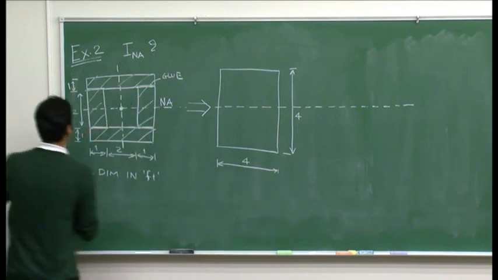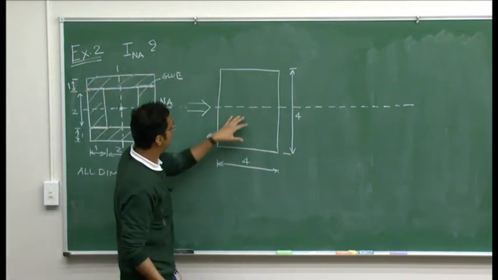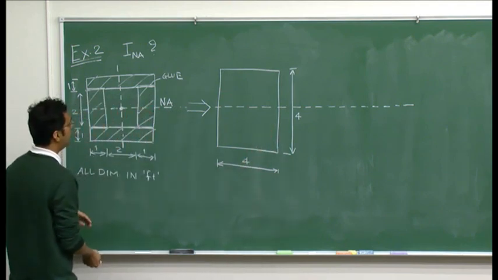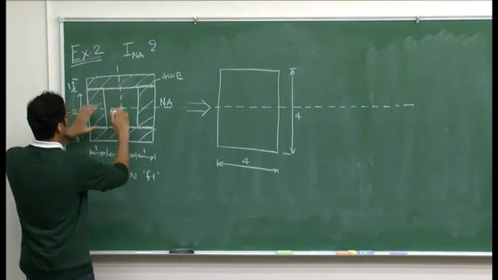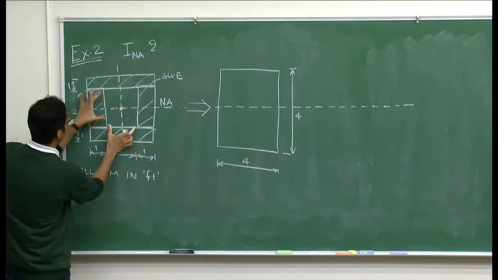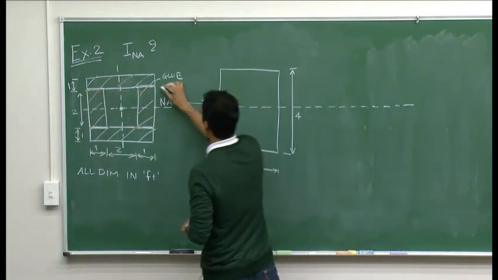It's 4 here. This looks like a rectangle, but remember this is 4 by 4, so it should be a square. And we are going to draw this small rectangle here, or small square, which is 2 and 2 here.